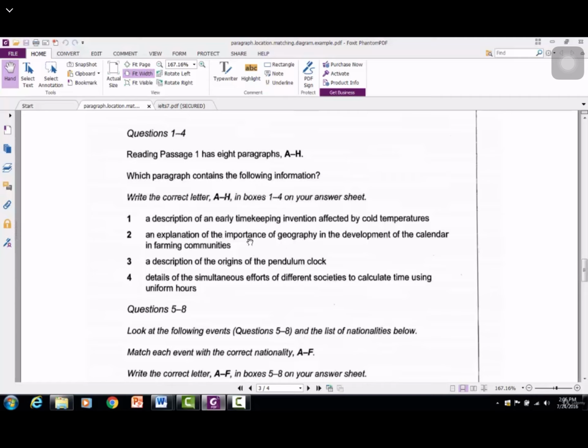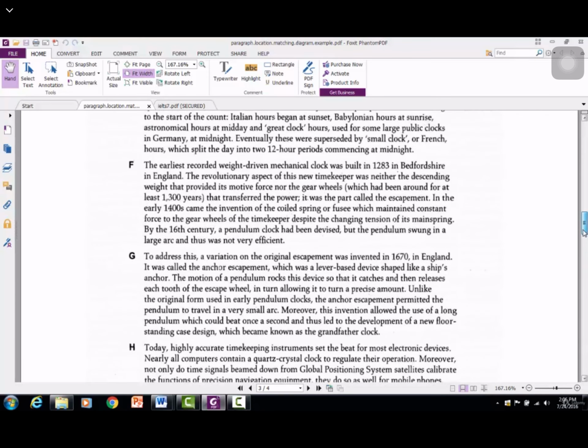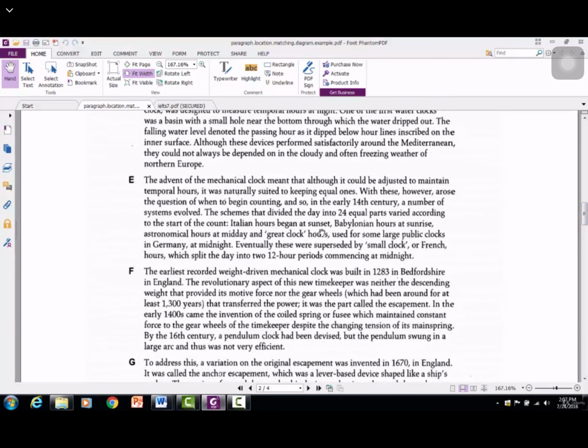Now, some of you might ask, how come paragraph F, how come paragraph E is not the right answer for number one? Because number one talked about early timekeeping invention and also cold temperature.